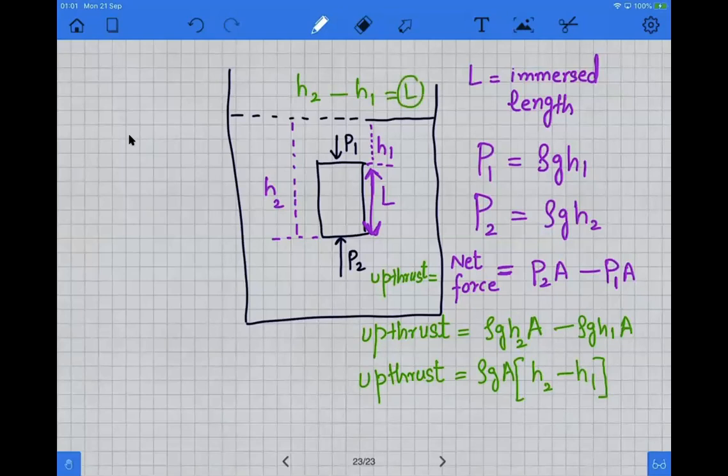So finally, the formula that we'll get for upthrust is density of the liquid into G into A into the immersed length. So this is the final form of the formula for upthrust.